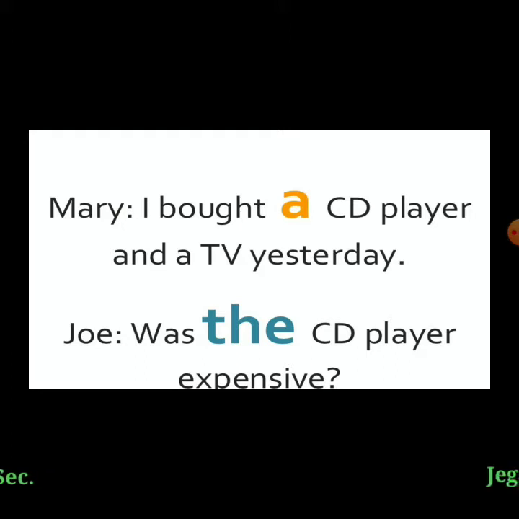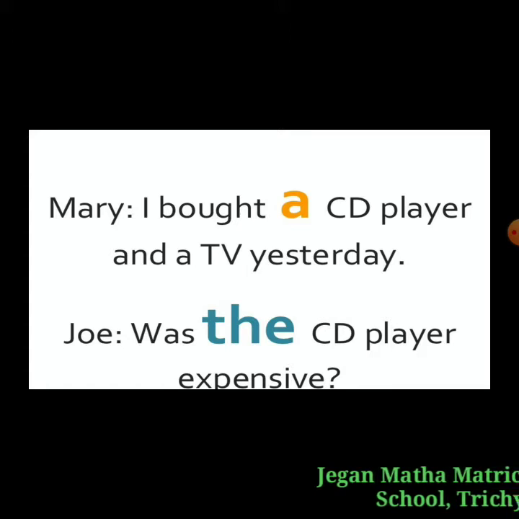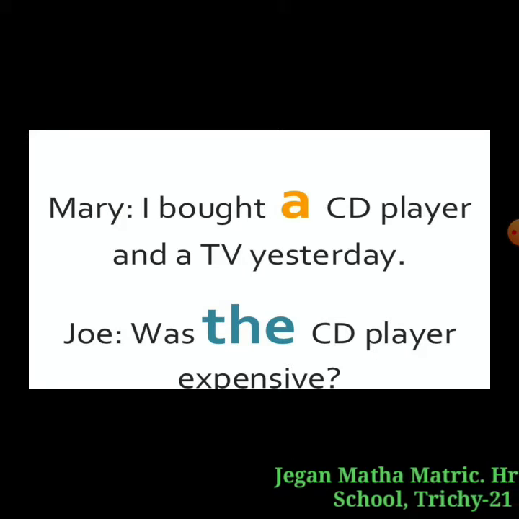So here we use the before particular or repeated nouns and general groups. If it has been mentioned, we can use the. For example, the school, the poor, the rich, the award-winning books, the sun, the Taj Mahal.